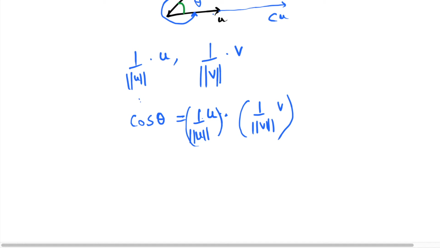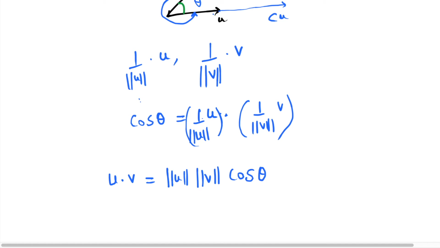And this basically expands to u dot v, which can also be written as the length of u multiplied by the length of v multiplied by the cosine of the angle between the two vectors.